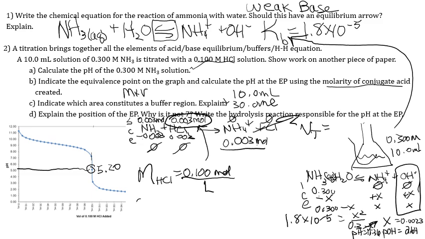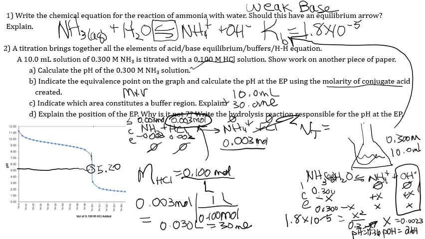Well, I can take my 0.003 moles and use the molarity as a conversion factor, 0.100 moles per 1 liter. So if I do that math, it turns out to be 0.030 liters, which equals 30 milliliters, and that's where that one came up there. The total of those is 40.0 milliliters.